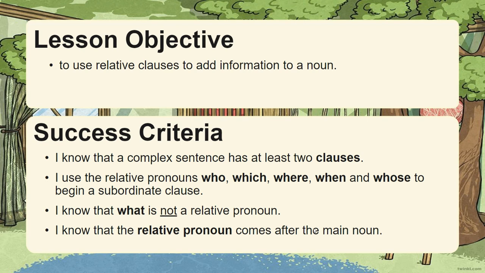Now, we're going to recap what is a relative clause. A relative clause adds extra information about the subject or the object noun phrase in the main clause. It is dependent on the main clause because it only makes sense when paired with one and cannot be used as a standalone sentence. This is why a relative clause is a type of subordinate clause that is used to describe a noun phrase.